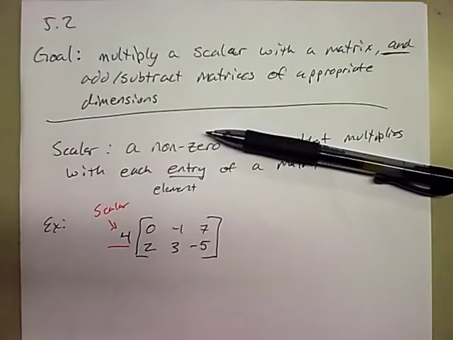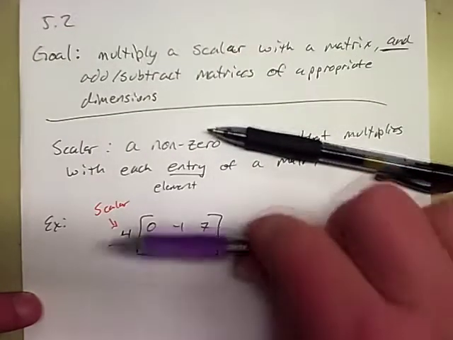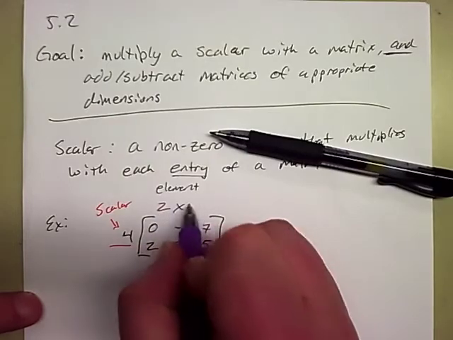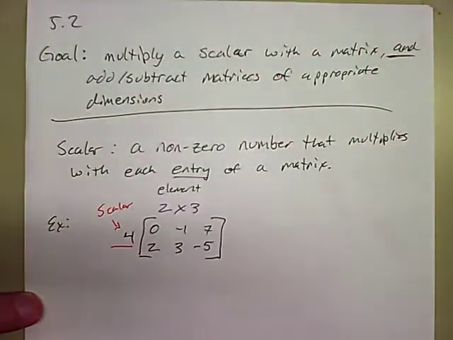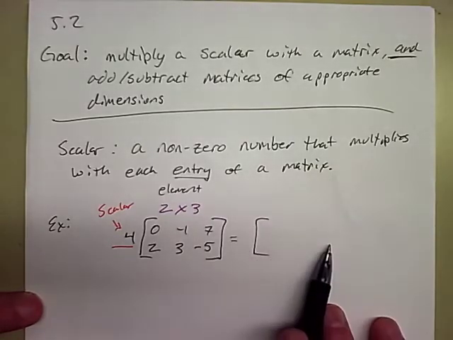In other words, it's going to make it bigger or smaller. This matrix has 2 rows and 3 columns, so this is a 2 by 3. The result is going to end up being a 2 by 3 matrix as well.